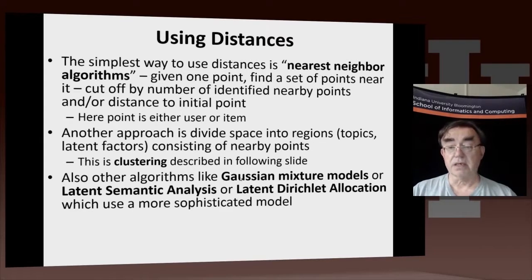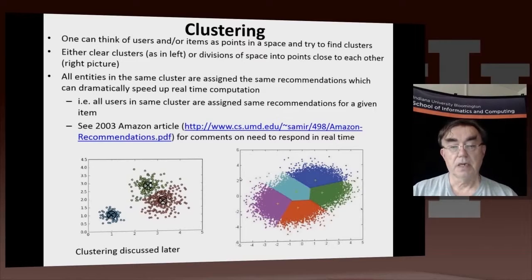All of these methods correspond to dividing space into regions. And dividing space into regions is one of these offline ideas, because you cannot do that online. Although once you've got it into regions, if a new item comes along or a new person comes along, you can decide which cluster they belong to very quickly. So we will do clustering in a little more detail later on.